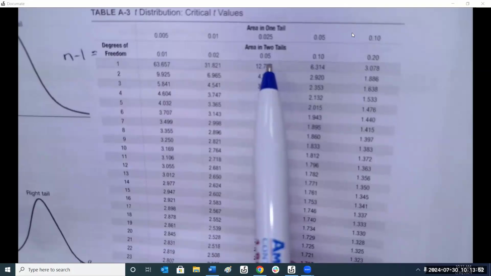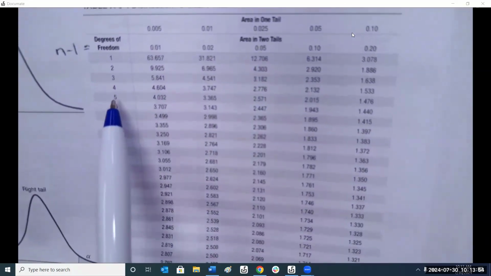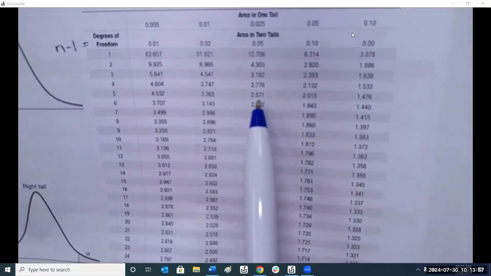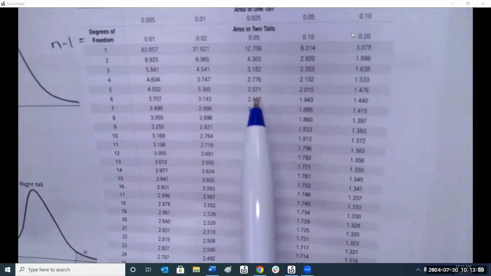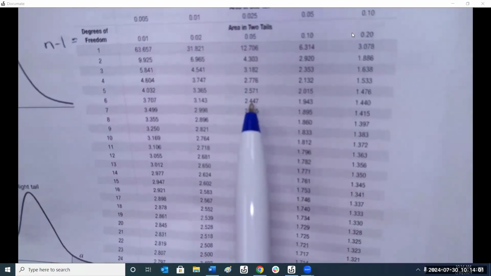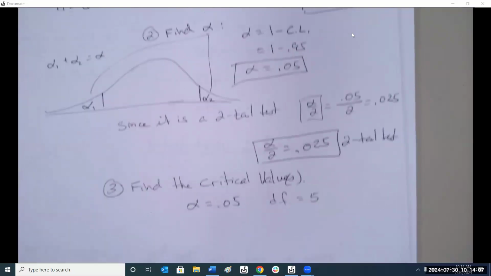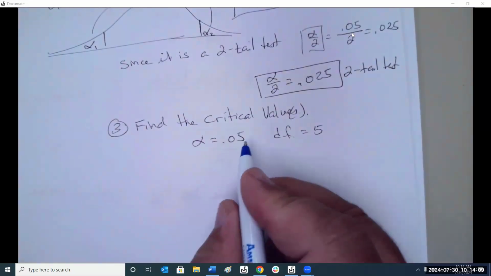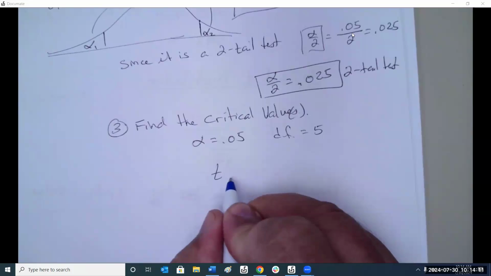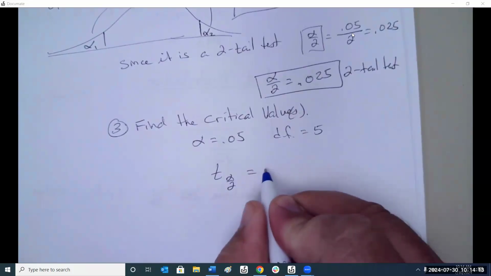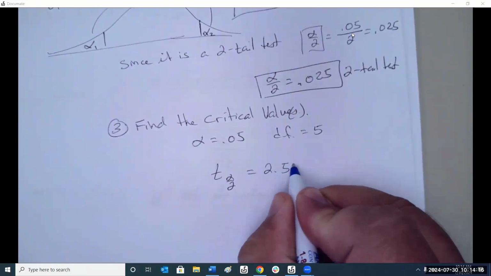Go down to 5. We got 2.571. So our critical value t alpha over 2 is 2.571.